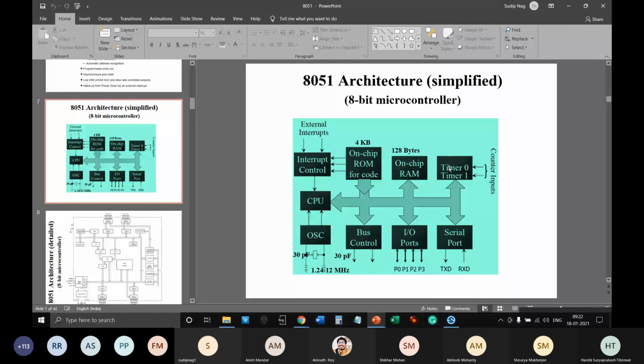The up counter is incrementing by 1. So after 1 million clock cycles, let's say the CPU comes and reads the value from that counter or the timer register.